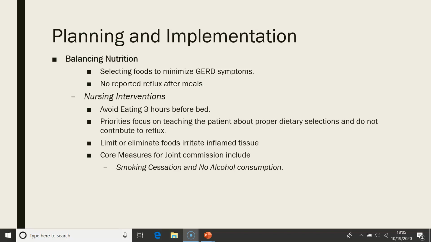Part of the core measures by Joint Commission, and you know how I like questions about the core measures because that's where reimbursement comes in. The core measures for GERD with Joint Commission are smoking cessation and no alcohol consumption, and making sure these patients have been educated on that prior to discharge from the hospital.